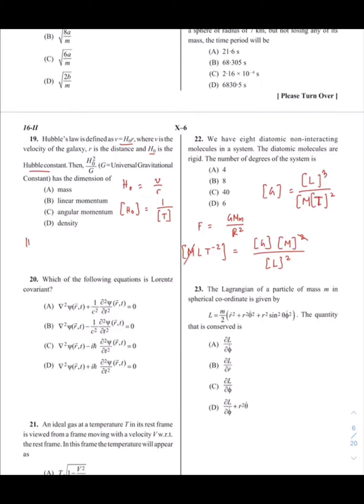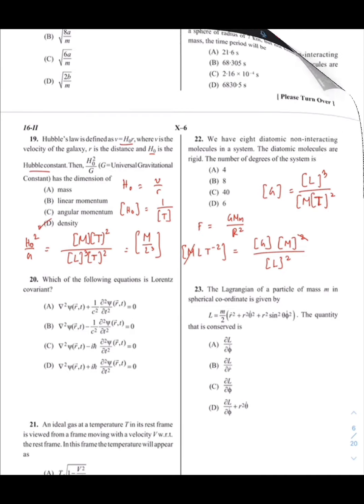Let's find the dimension of H naught square divided by G, which is equal to M T squared divided by L cube and divided by T square, which is equal to M by L cube. This is exactly the dimension of density, hence option D is the correct answer.